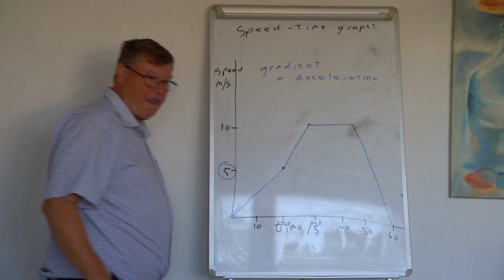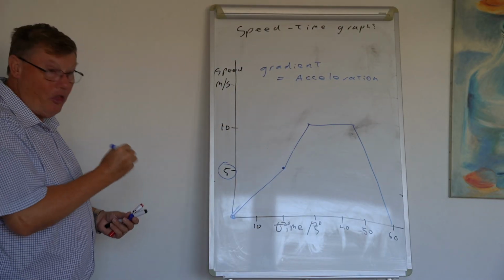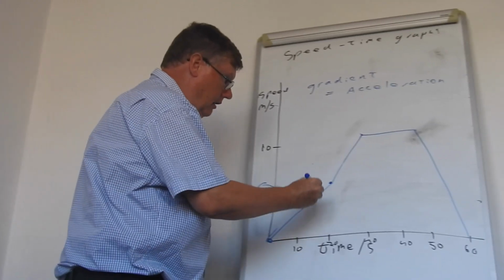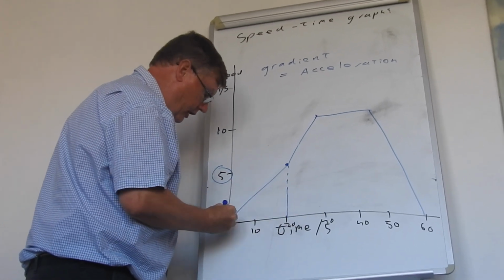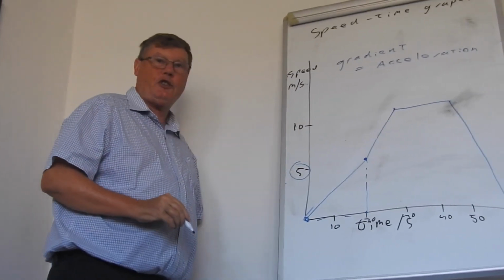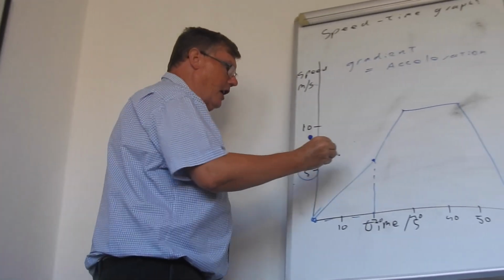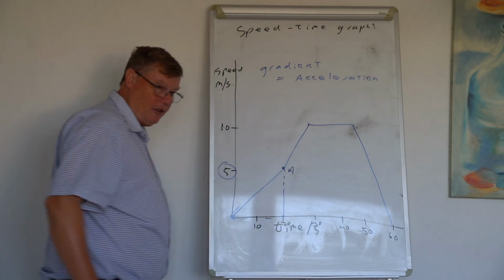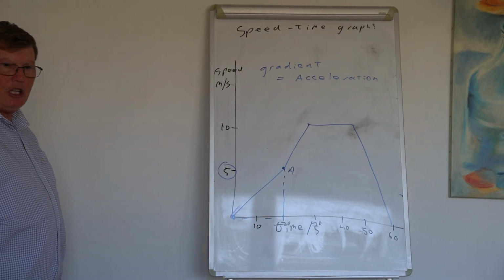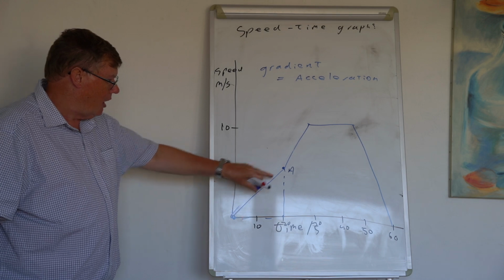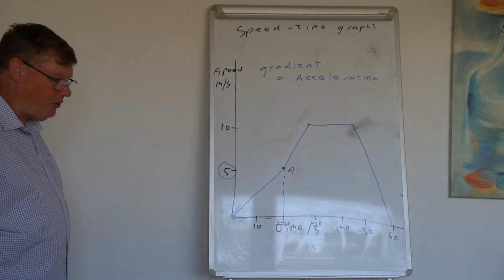And you can work out the acceleration by getting a ruler and drawing a triangle on the graph. Let's call this point A on the graph, and the question is, what was their acceleration from time 0 until point A? So what would you do?